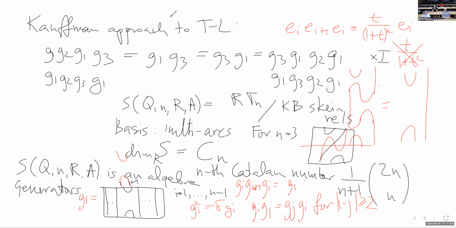And then this fancy Jones tower came with a trace, an even fancier trace. What's that? This trace is just given by a closure. If you have an element of the Temperley-Lieb algebra, consider n arcs, closing it to a link. Take the Kauffman bracket.